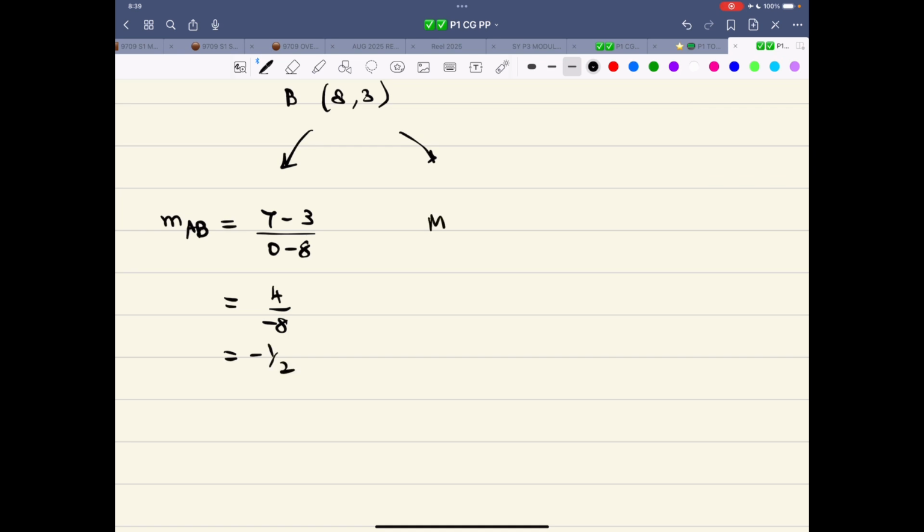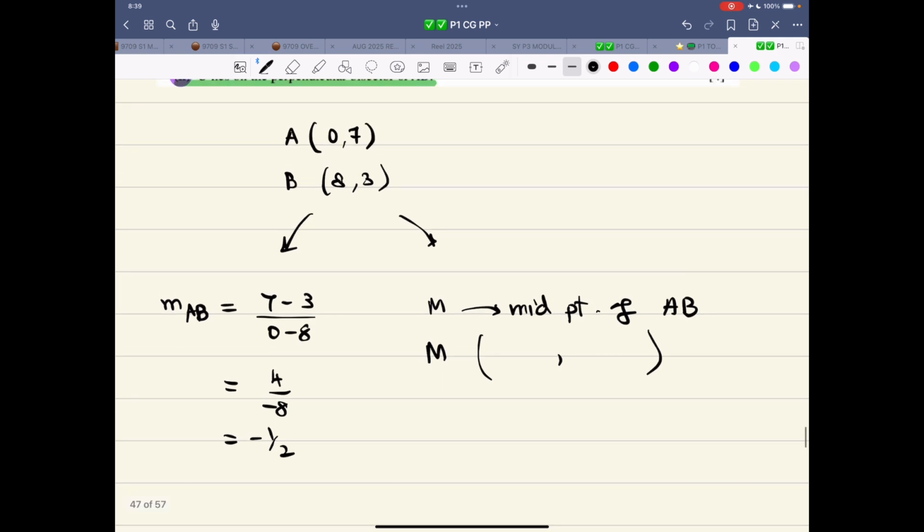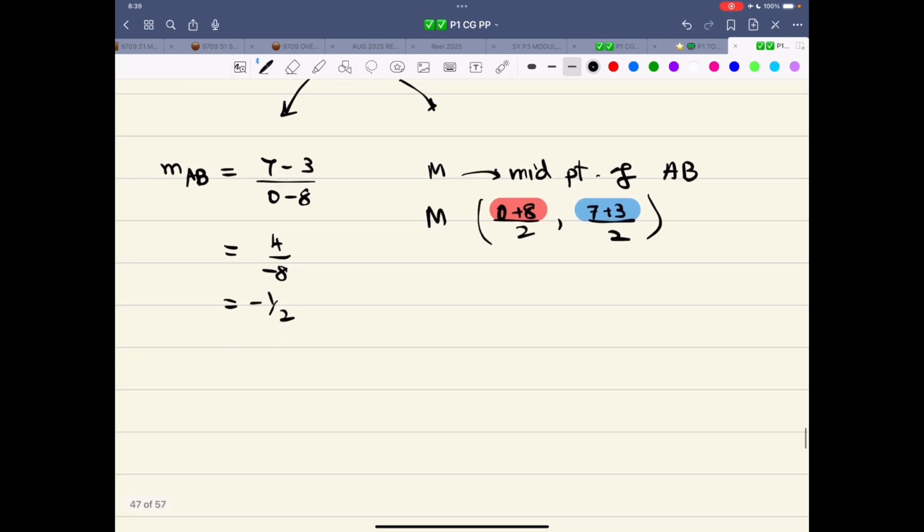Let me calculate m, where m is the midpoint of A and B, or line AB. So therefore m is, add the x coordinates, divide by 2. So let me take the average of the 0 and 8 divided by 2, and the average of the y coordinates over here. So let me now write it. This is 0 plus 8 divided by 2. This is 7 plus 3 divided by 2. So that is 4 and this is 5.